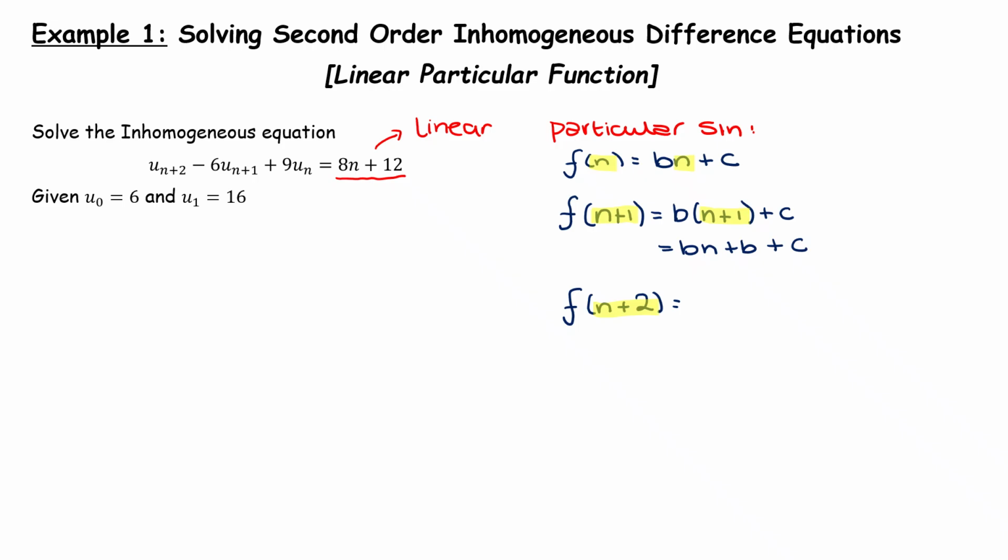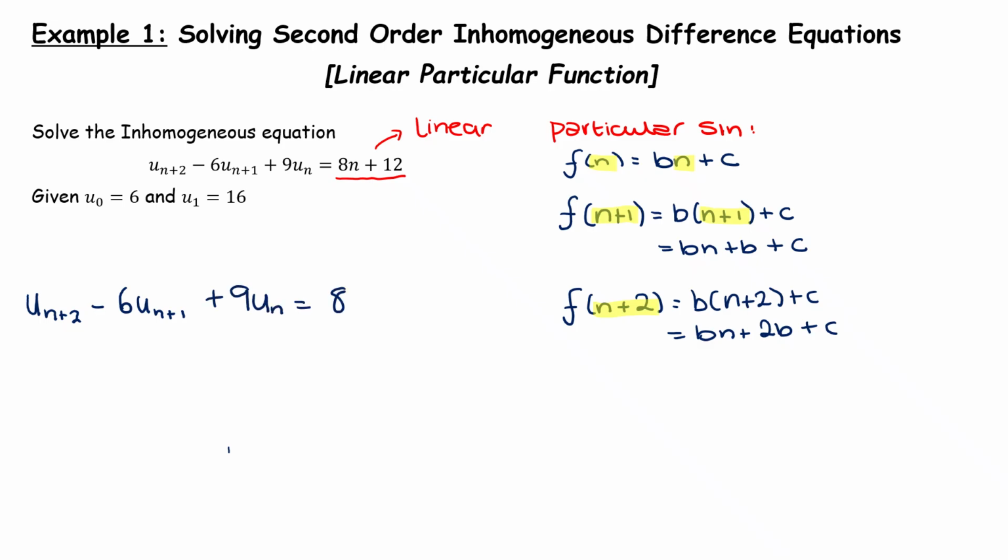This one, we're plugging in n plus 2, so that's going to be b times n plus 2 plus c, and I'm going to multiply that out before I bring it over, because it's going to make my life a little bit easier. So once I have all that work done, you don't have to do this work separately. This can all be done during the substitution phase. We have un plus 2 minus 6, un plus 1 plus 9, un equals 8n plus 12.